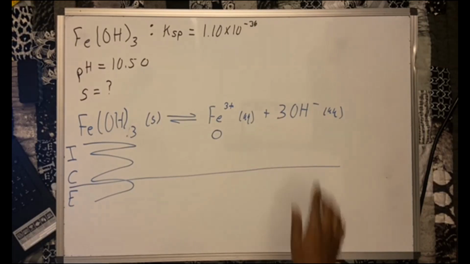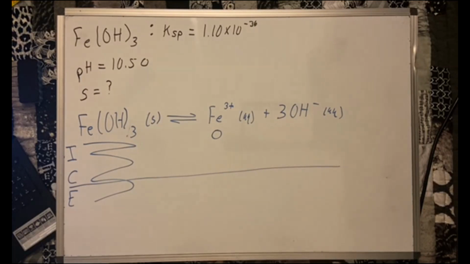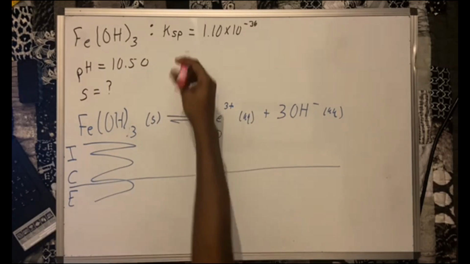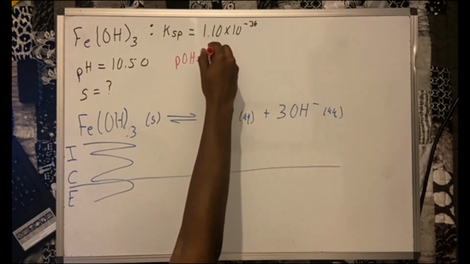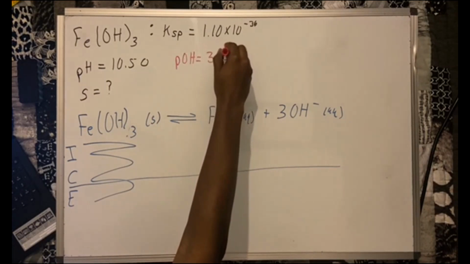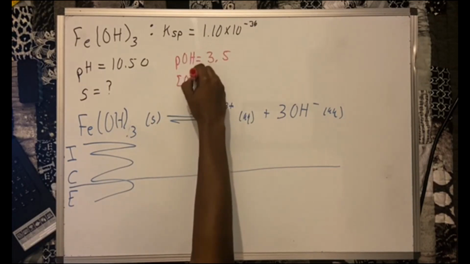So I need to figure out this concentration right there. Nothing too crazy. We'll get pOH first from our pH. So pOH is going to be 3.5, hopefully. So we can get my concentration of OH minus.